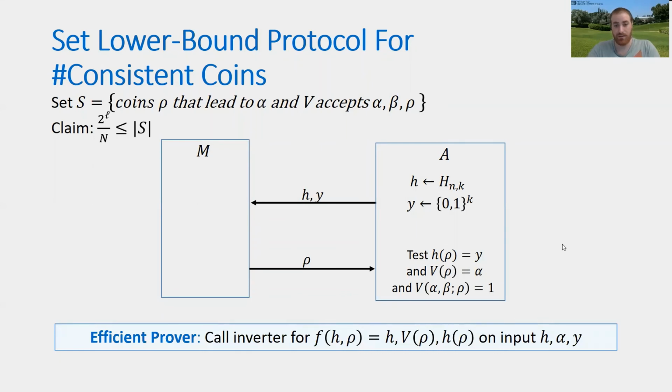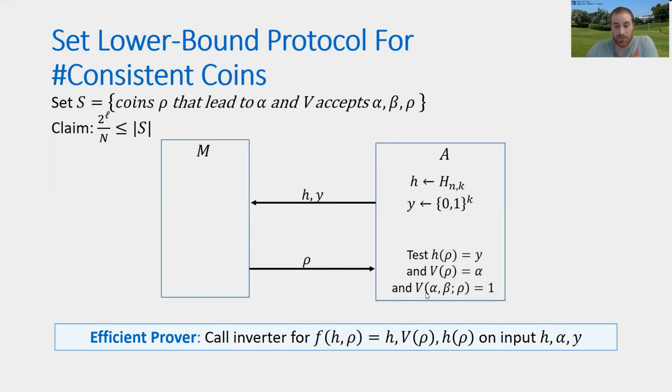So a way to do it would be to call an inverter for this efficient function f that takes in h and rho and outputs h, the message implied by the randomness rho, and the hash of rho. This is exactly what we need for the first two parts here.